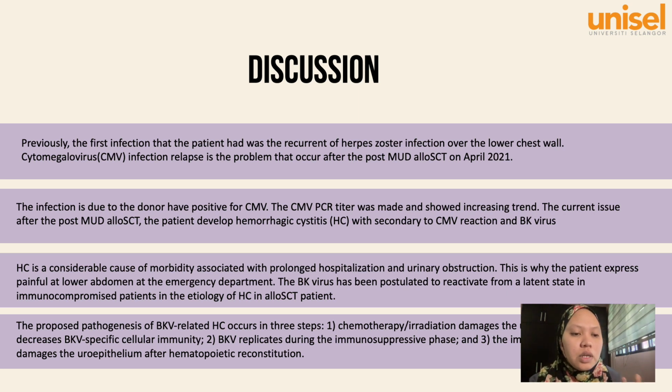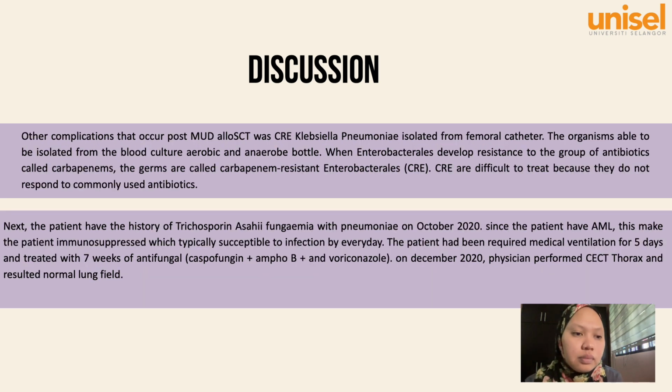So the proposed pathogenesis of BKV related hemorrhagic cystitis: first, the chemotherapy and irradiation, and second, the BK virus replicates during the immunosuppressive phase, and the body damages the urothelium after hematopoietic reconstitution. So this is basically the suspected reason why the BK virus occurs in this dialysis patient.